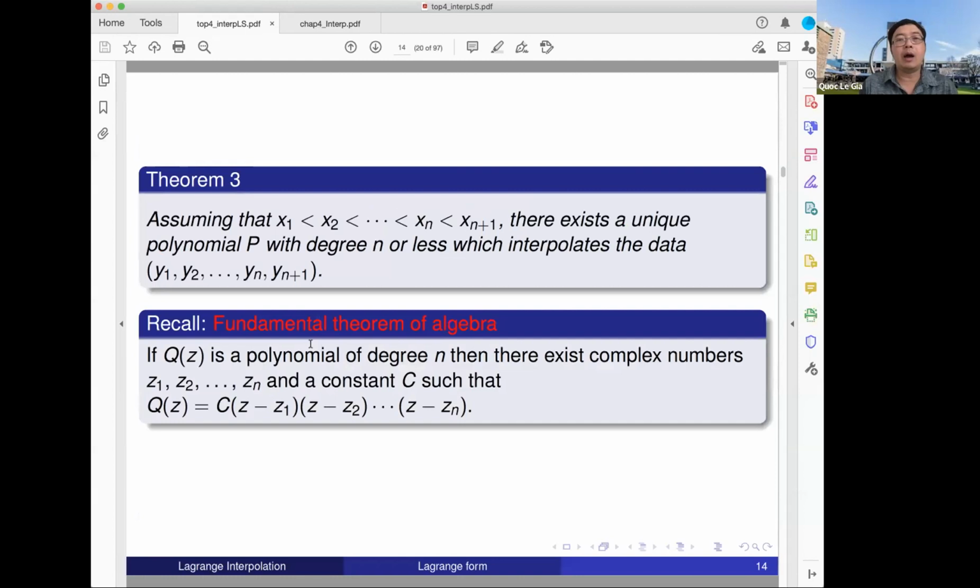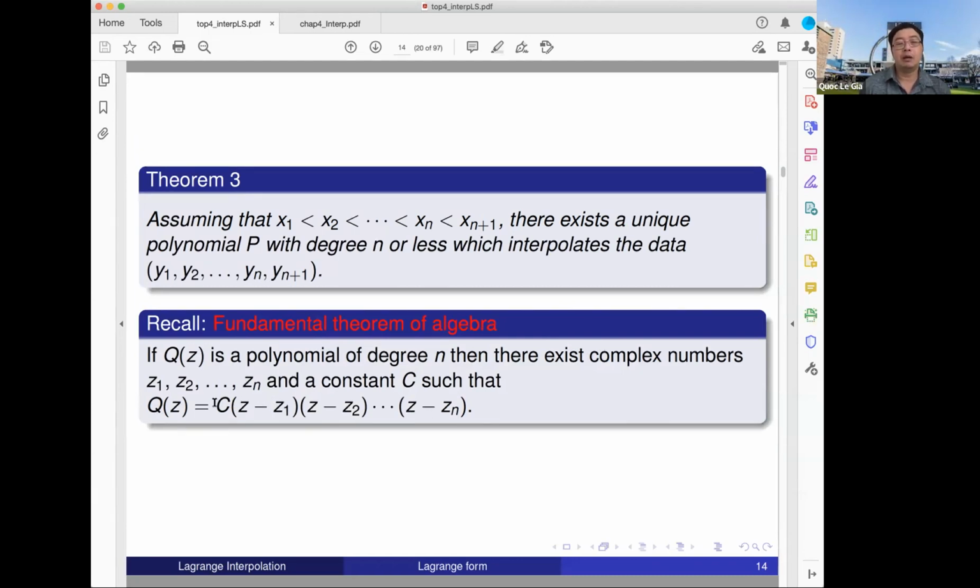So before proving that, let me remind you about the fundamental theorem of algebra. The fundamental theorem of algebra says that if you have a polynomial of degree n, then there exist complex numbers z1 up to zn so that you can factorize q into n terms like this.